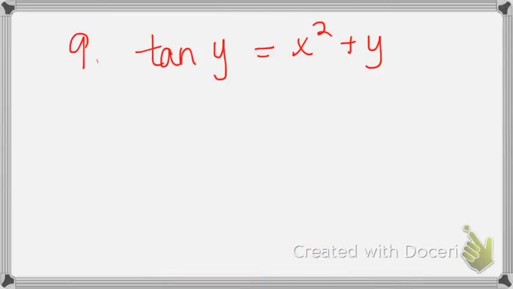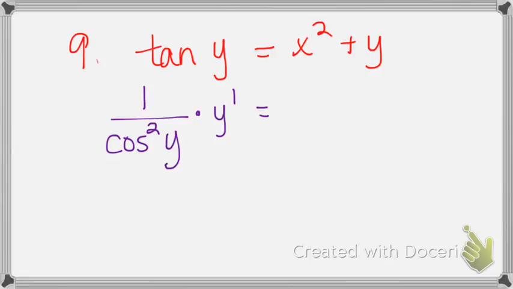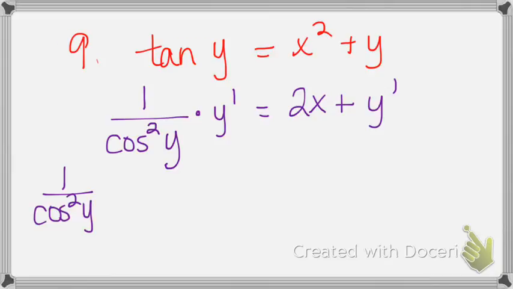Alright, so then let's find the derivative of this one. The derivative of tangent of y is 1 over cosine squared of y times y prime. The derivative of x squared is 2x. The derivative of y is y prime. Again, I want everything that has y primes together on the same side.